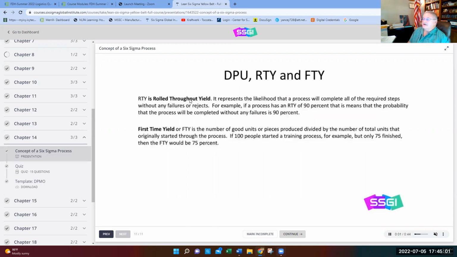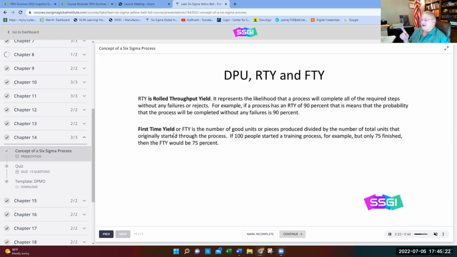This rolled throughput yield, and you listen to the expert, he told you he had 44 seconds, he got it out. It's how a process has 90%, that means that the probability that the process will be completed without any failures is 90%.